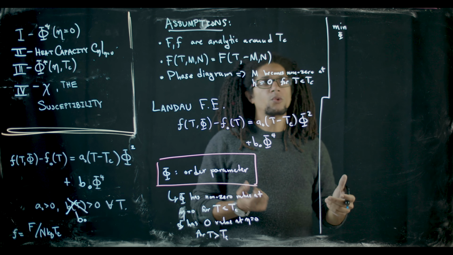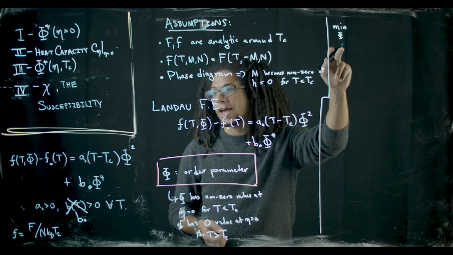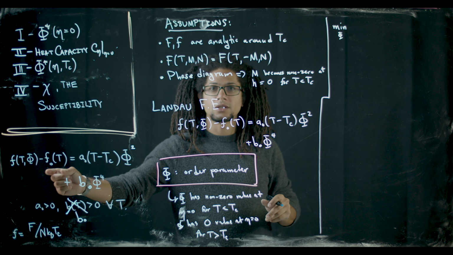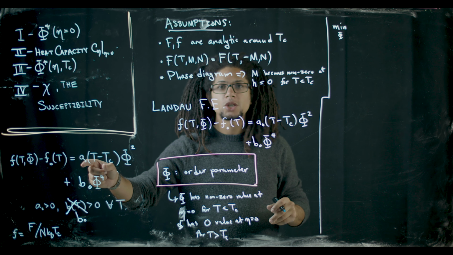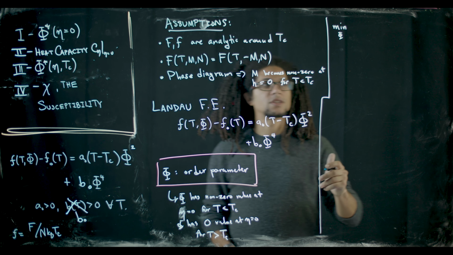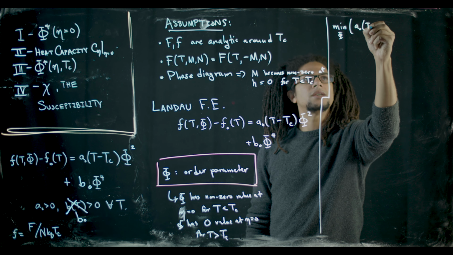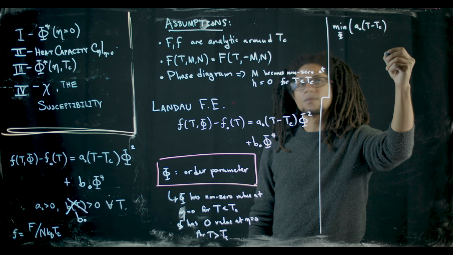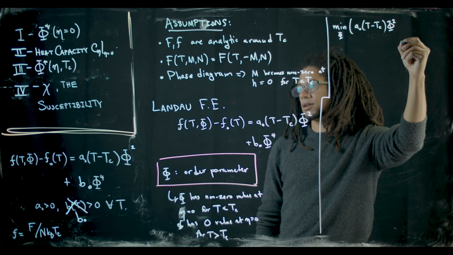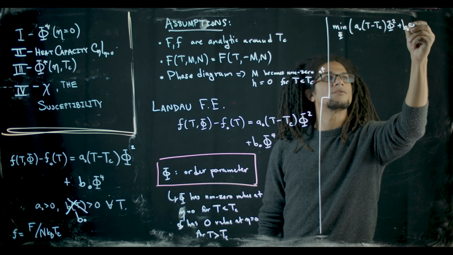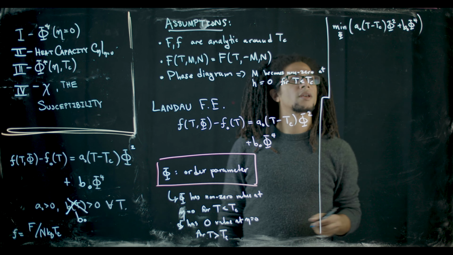But notice that if we're only interested in finding the point phi, then we don't need to worry about this shift term. So we can just minimize the right-hand side of this expression. So we minimize a naught (t minus tc) times phi squared plus b naught phi to the fourth. Excellent.